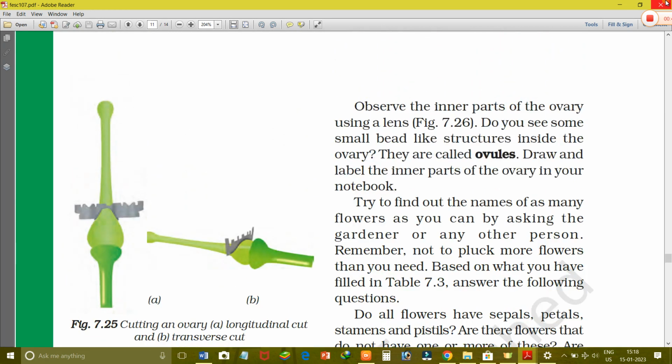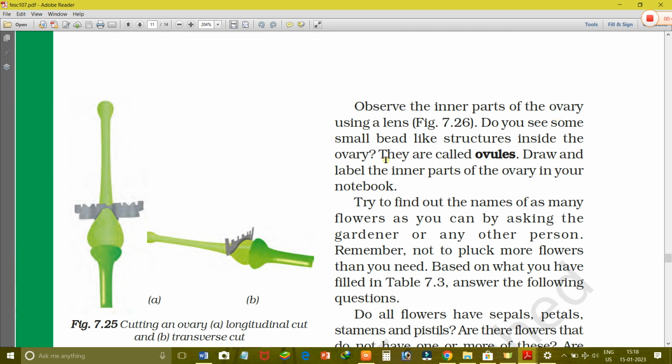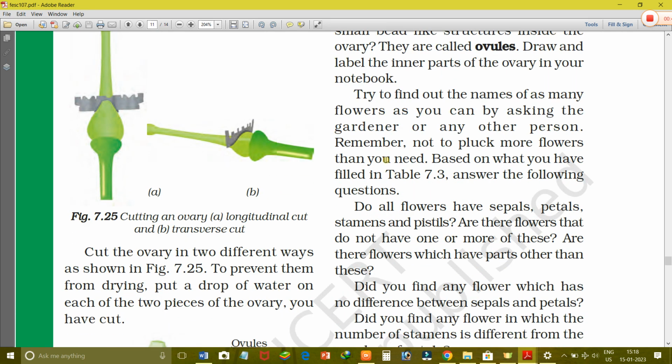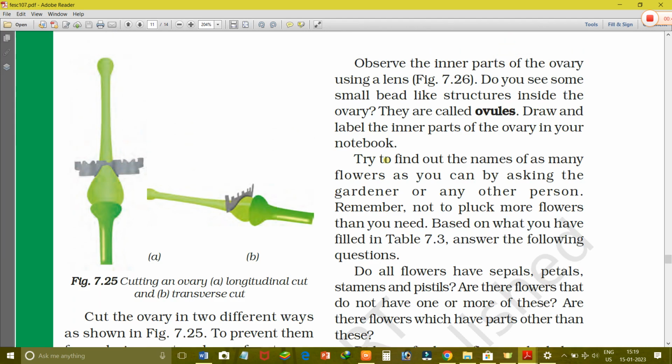Try to observe the inner part using a lens. You see some small bead-like structures inside the ovary. They are called ovules. Draw and label the inner parts of the ovary in your notebook.